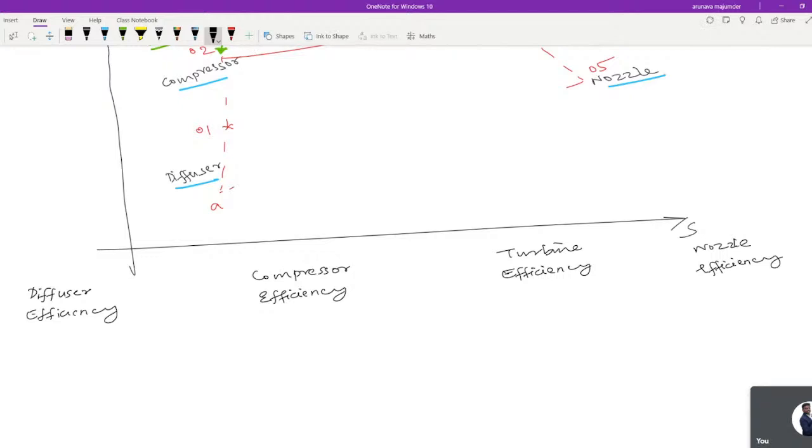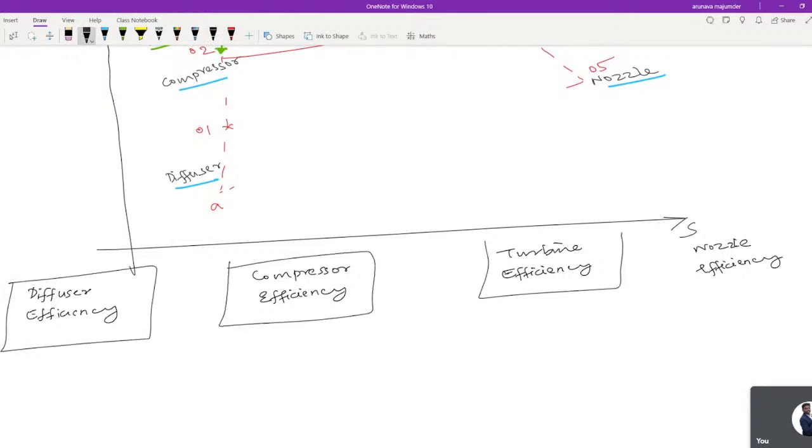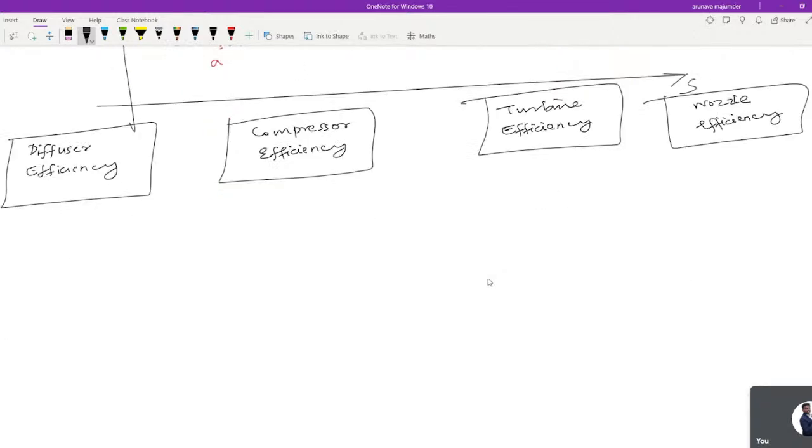You can use the same approach for other parts also, but you have to remember the small concept. You will remember this if you practice a bit, and by understanding it you will never forget it in your life, right? So these are the four efficiencies we are going to discuss.